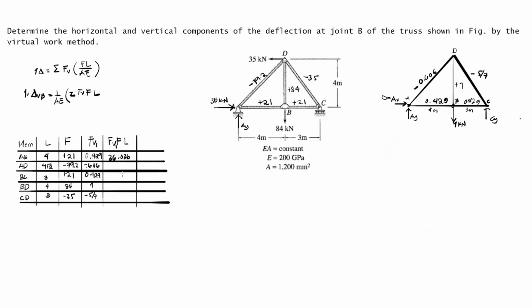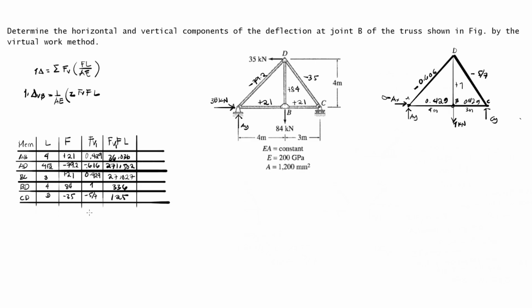So, lalabas na sagot dito is 271.502. Then we have here 3 times 21 times 0.429. That is positive 27.027. The next is 4 times 84. That is 336. Then next is 5 times negative 35 times negative 5 all over 7. Lalabas 125.